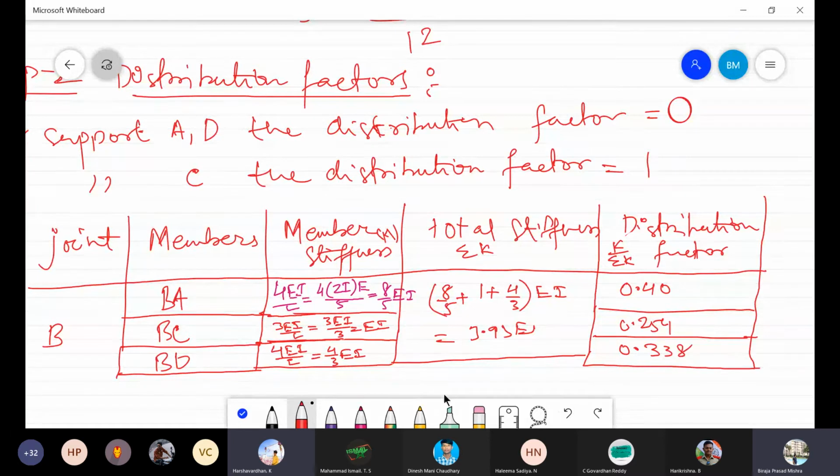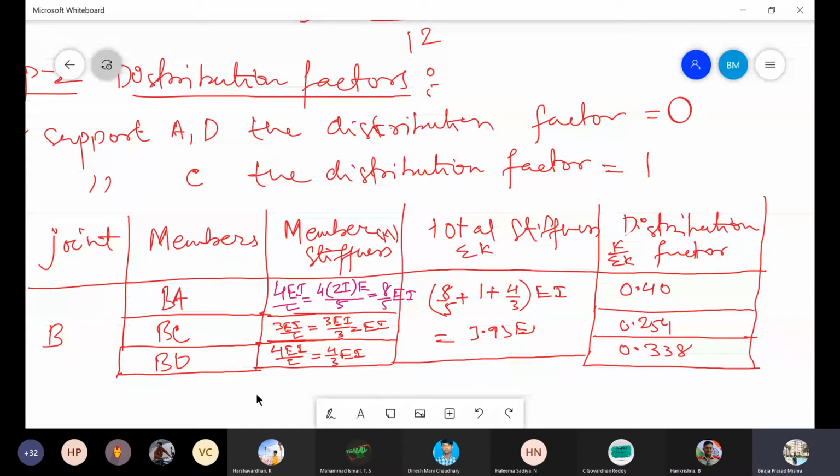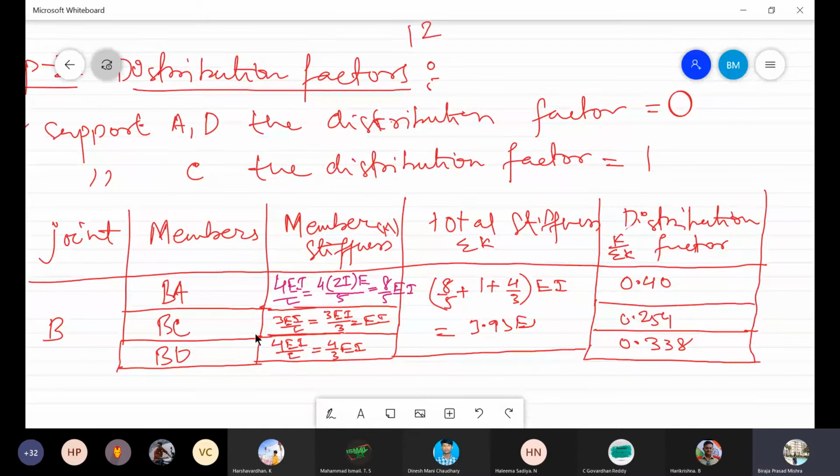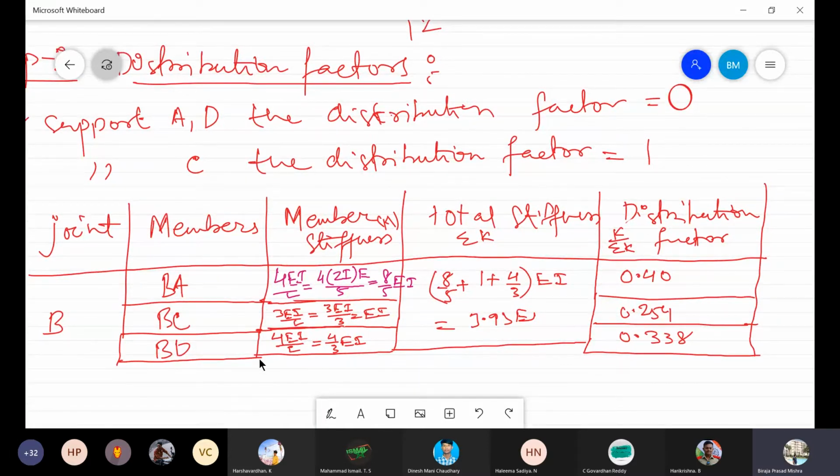Okay, so let us take all these values. Now we have calculated the distribution factor.